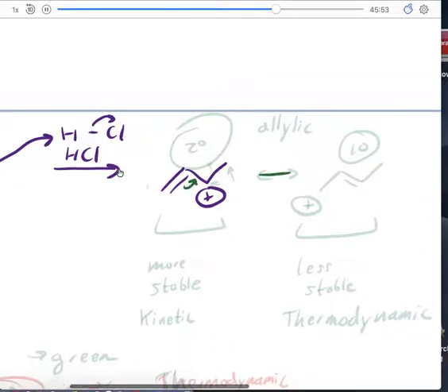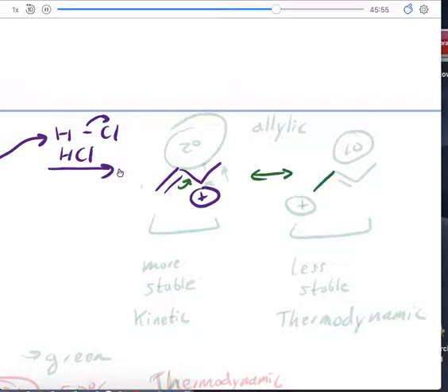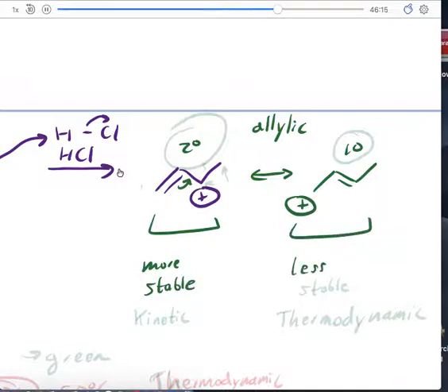But this can actually resonate back and forth to make a secondary and a primary, both allylic carbocations. However, this one is more stable, and this one is less stable simply because of the number of carbons it's attached to.